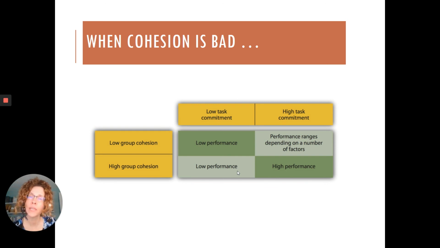They will slow each other down on purpose. Happily so. This is not good for the organization, right? Hence the point. Cohesion in and of itself is not good or bad. It also depends on whether people are committed to the task. Together, that's going to drive performance.